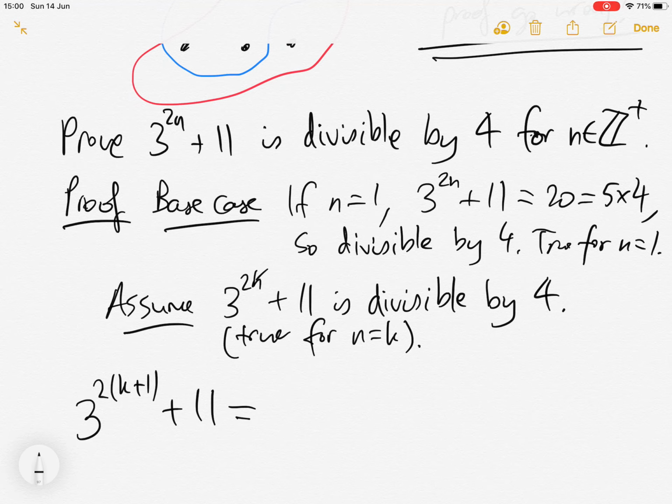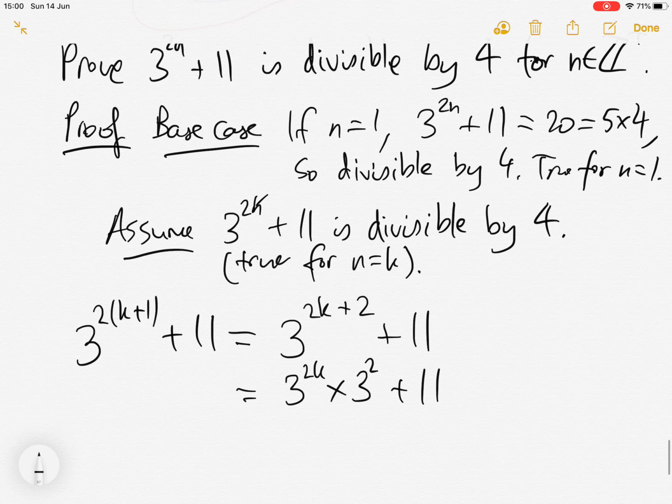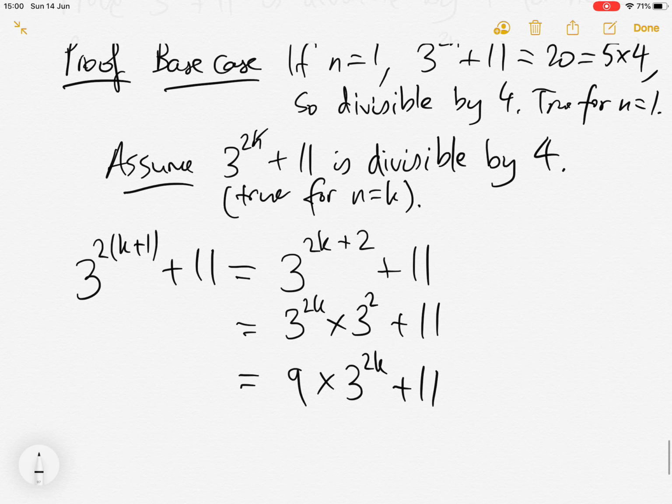So the idea now is to somehow rewrite this in terms of the previous thing, 3 to the 2k plus 11. So we can split it up as 3 to the 2k plus 2 plus 11, which is 3 to the 2k times 3 squared plus 11, which is 9 times 3 to the 2k plus 11.